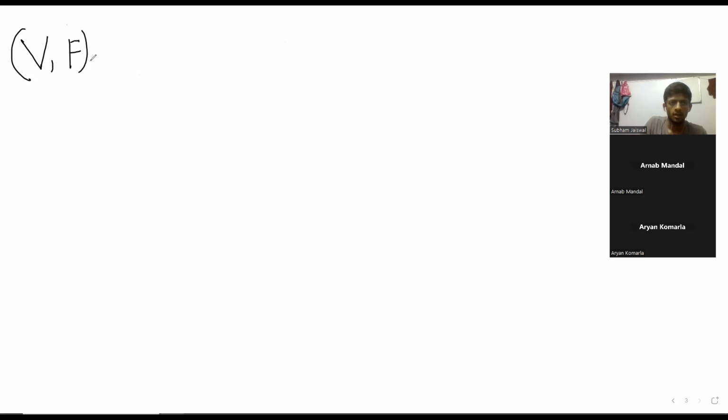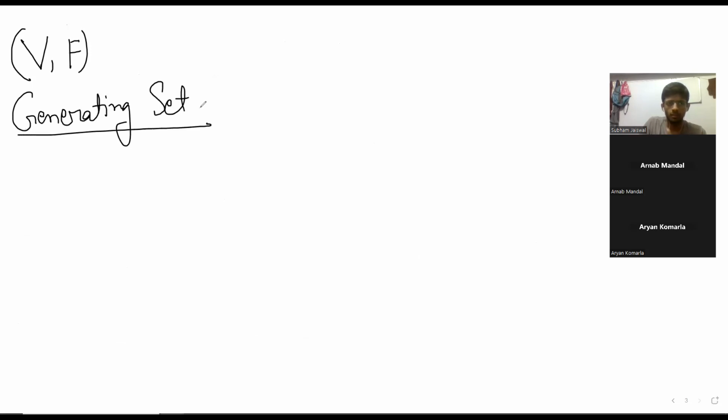Going by the name, is it a subset of V from which you can get every other element of V using linear combinations? Yes, that is fine. Linear combination is the only thing you can do in a vector space, because when you add two vectors, that's also a linear combination.